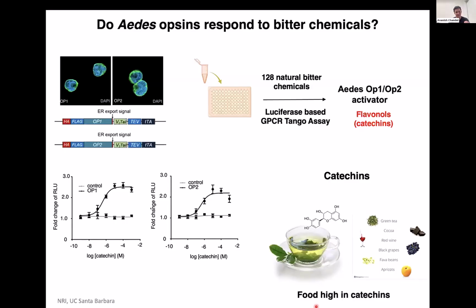On the other side, because it's a bitter chemical, we took some standard bitter chemicals like quinine and denatonium, which are among the most bitter chemicals known to humans. But mosquitoes do not show aversion to those bitter chemicals. So it's not related to bitterness. It's related to their structure and ability to activate TRPA1.